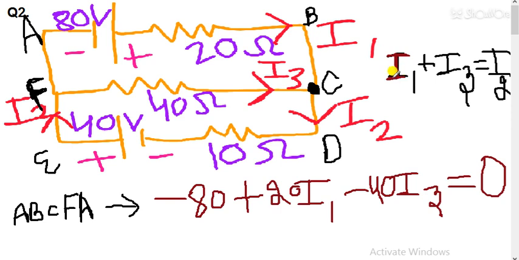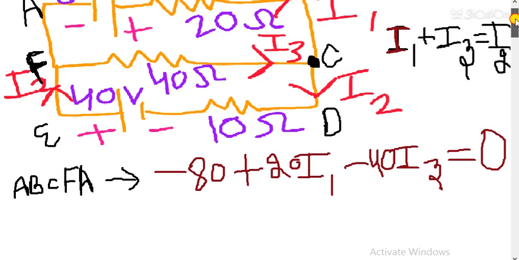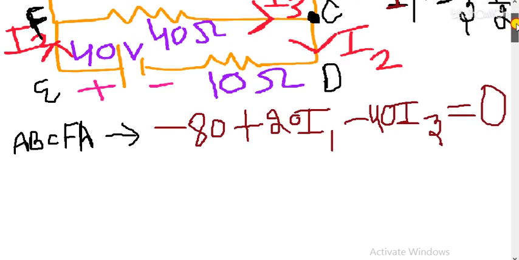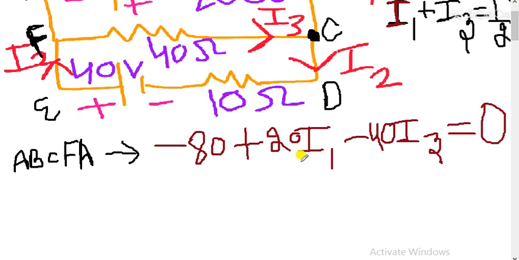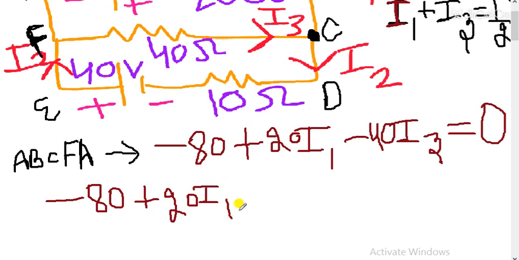So this is the equation of ABCFA, and if I have to write it in terms of I3 and I1, then I can take it as, because I3 is equal to I2 minus I1, so I will write it as minus 80 plus 20 I1 minus 40.